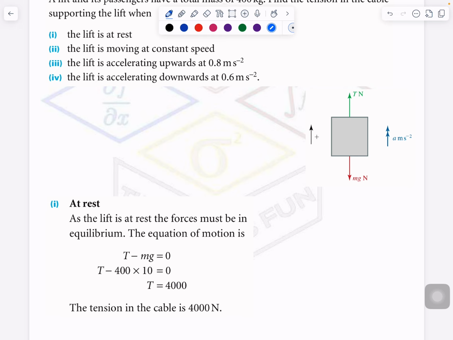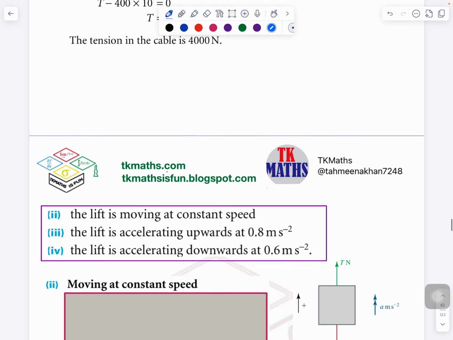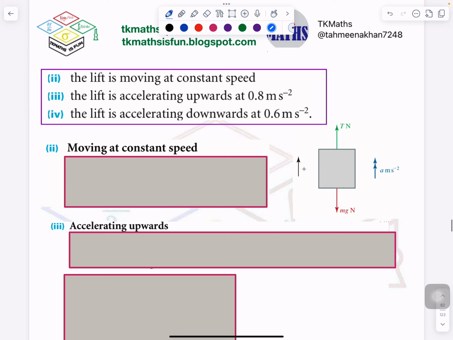Explanation is also given here, exactly what we have done above. We have to focus here on 4 cases: lift is at rest, moving with constant speed, accelerating upward, accelerating downward. These are the 4 cases we have studied so far in Newton's second law. These are the questions again I have written here for quick reference.